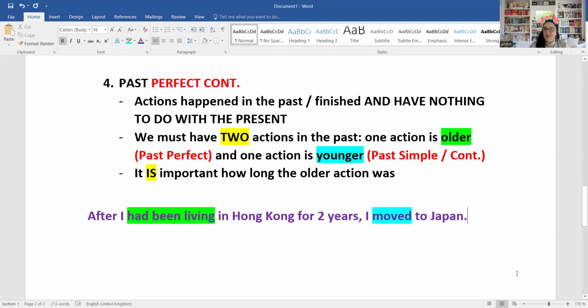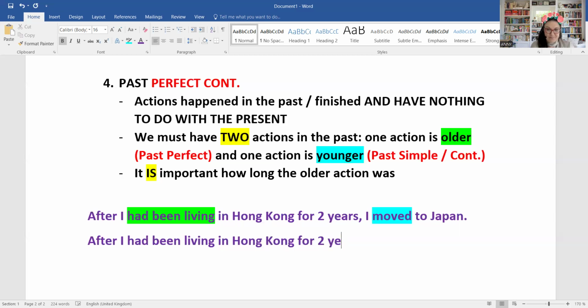Let me show you the situation where the younger action also lasted for some time. Something like that. After I had been living in Hong Kong for 2 years, I was living in Japan for 6 months.